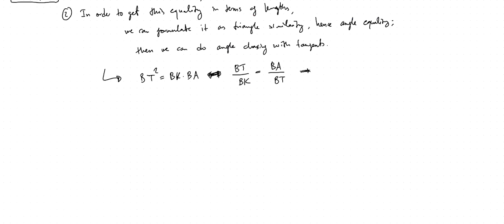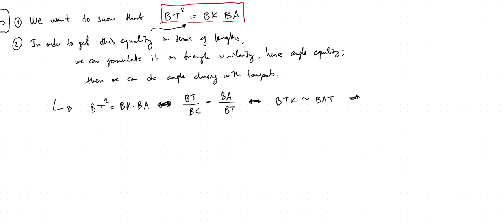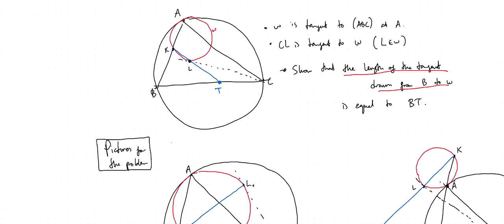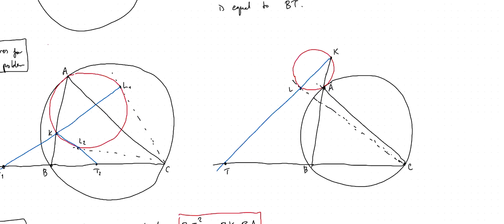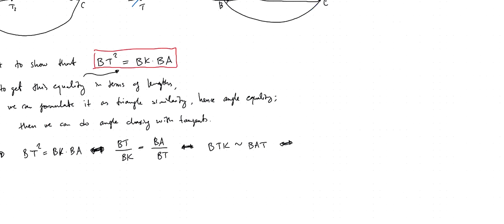If and only if what? BTK similar to BAT. And now I can write this in terms of angle equality. Already one angle is common, so if there is one more angle equality, that is enough. What angles can I write? I can write either BKT equals BTA, right?